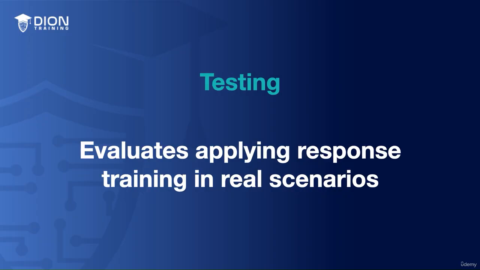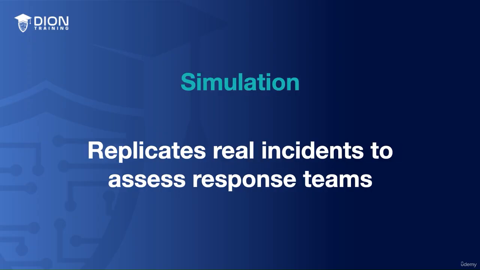Testing involves practical exercises that assess an individual or team's ability to execute incident response procedures to ensure that they can apply their training effectively in real-world scenarios. Simulation, on the other hand, refers to realistic, hands-on exercises that replicate actual incident response scenarios and provide comprehensive assessment of an incident response team's capabilities, decision-making skills, and communication under controlled conditions.